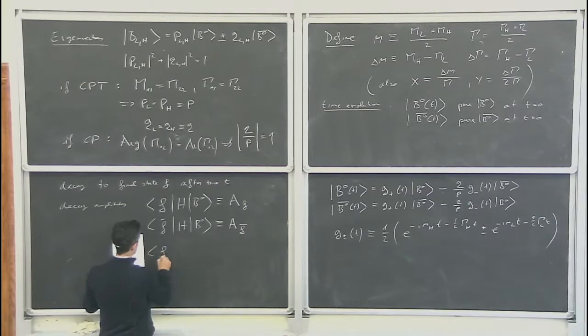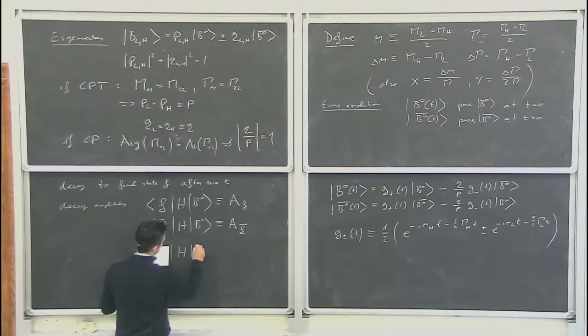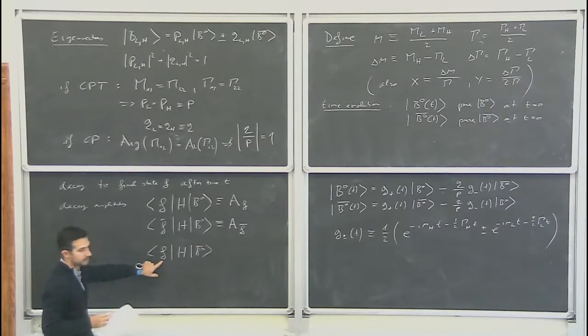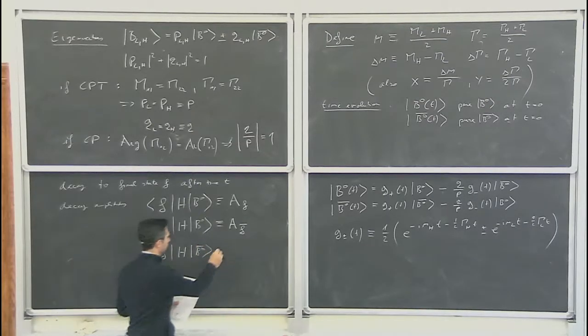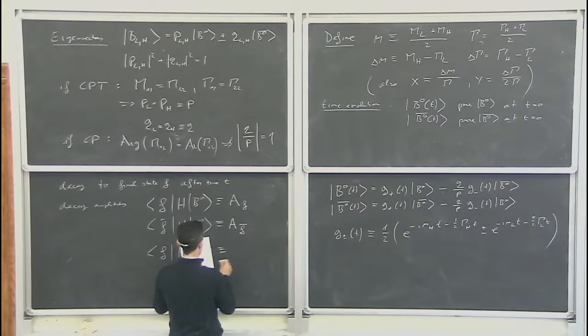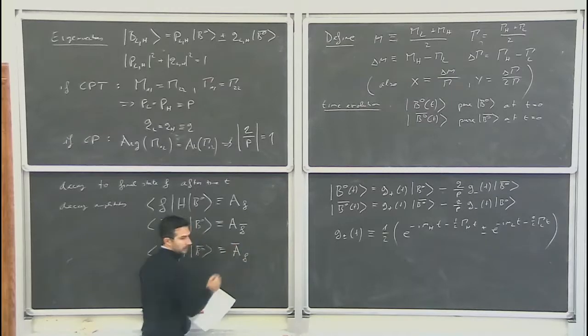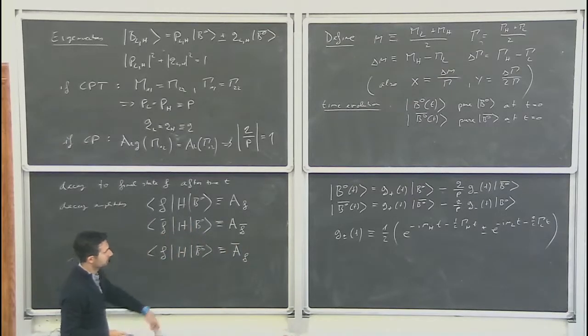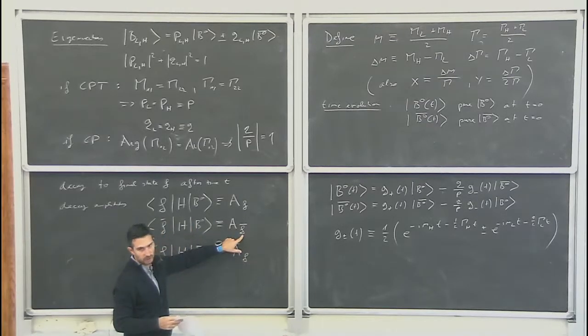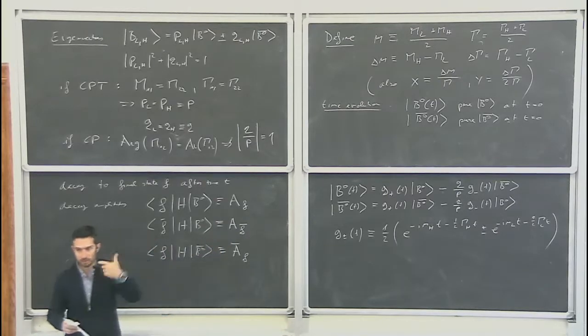And similarly, the decay amplitude of the B0 bar decay to the same state f will be labeled with A f, but a bar on the A. Okay? So a bar on the subscript denotes that it's decaying to the CP conjugate final state. A bar on the A denotes that it's actually the B bar state which is decaying.